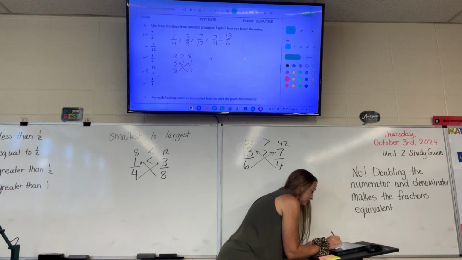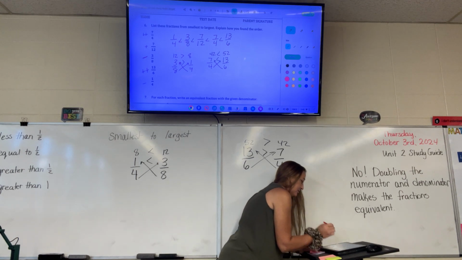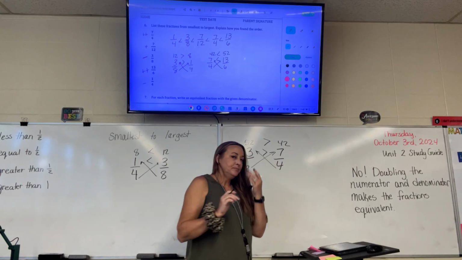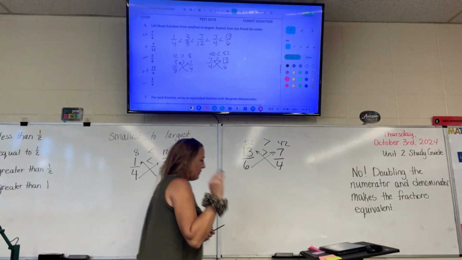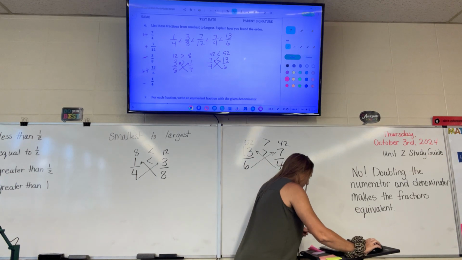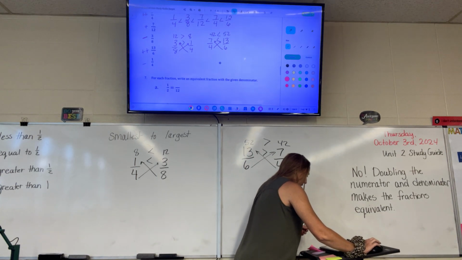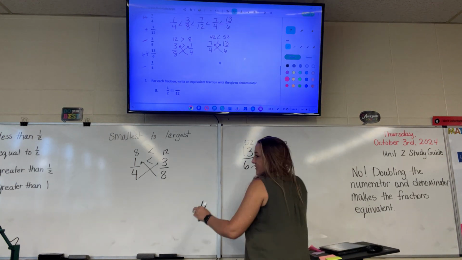Then we cross multiplied 7/4 and 13/6. 13 times 4 was 52. 6 times 7 was 42. 52 is bigger, so 13/6 is bigger. Okay? All right, we might need to practice some more of those. It's what I've got written right here.